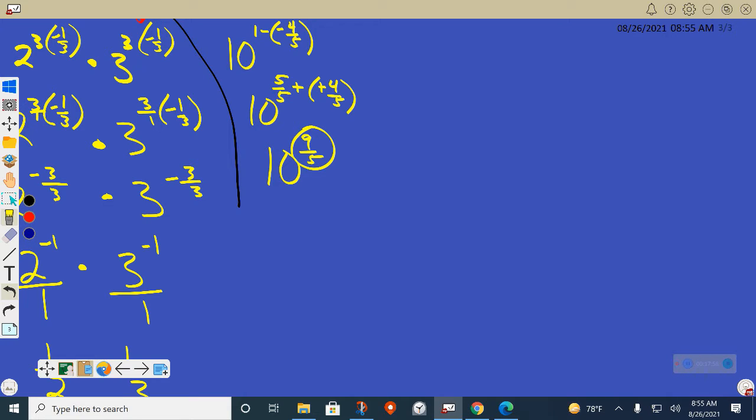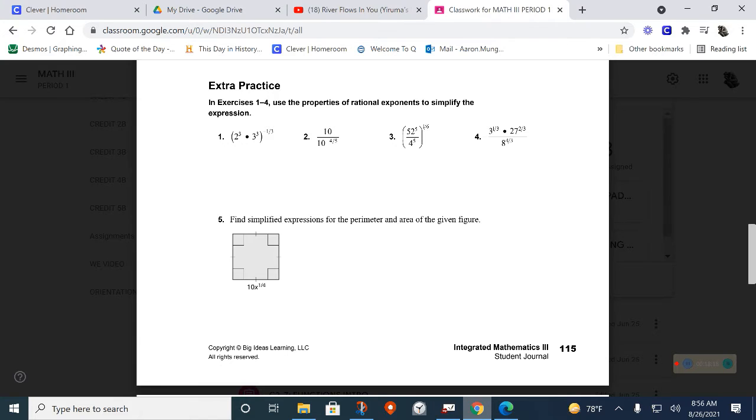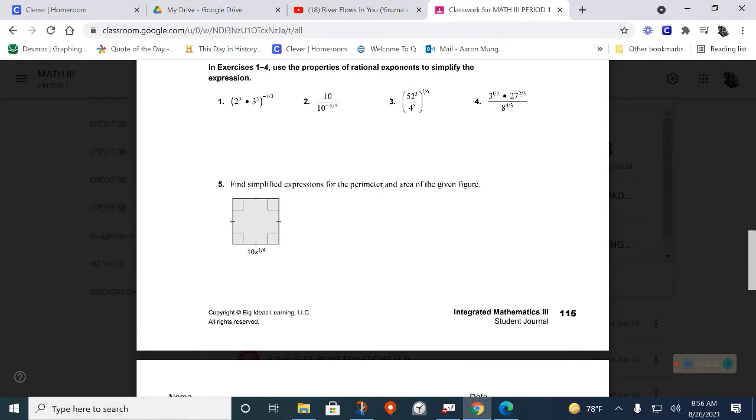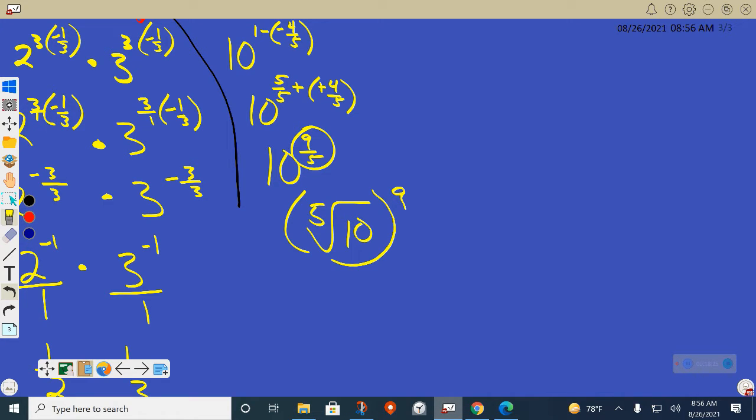That means the 5th root of 10 to the 9th power. So I'm going to type that in my calculator now: the 5th root of 10 to the 9th power.